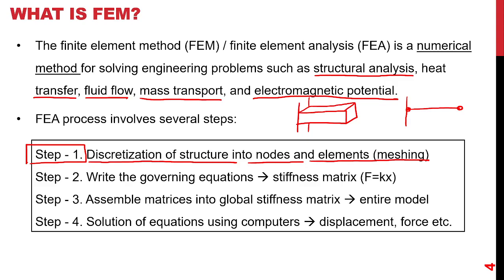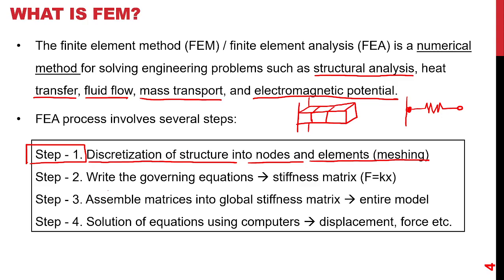One node here, and then in the middle there is a spring, which represents the stiffness. If using one element, you can break it into a few elements. Similar thing. So this is what we call discretization. We break those elements into small elements.